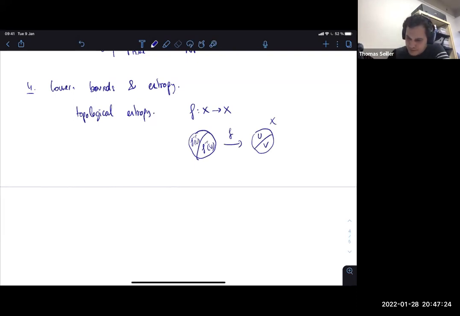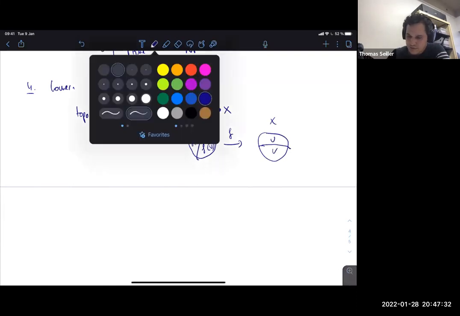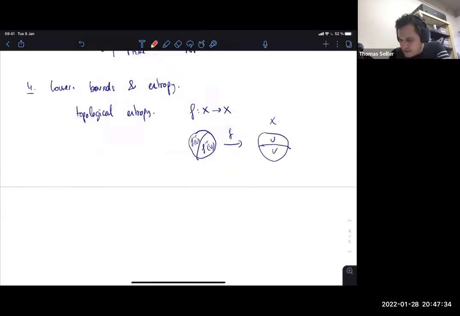My drawing is not good. Let me redo that. U and V. And now you can look at the pairwise intersection of these 2 covers, right? So in some cases, this will have 4. In this example, you start with 2 subsets, and now we have 4.